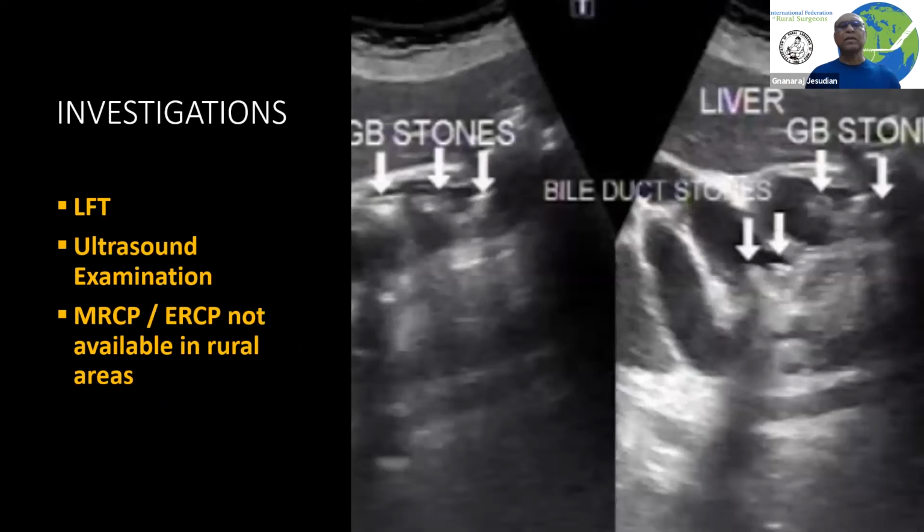The most commonly done investigation is LFT, which will show elevated bilirubin and alkaline phosphatase. Ultrasound is available in most places, and people who are experienced will be able to detect the dilatation of the common bile duct and stones there. However, MRCP or ERCP is ideal for diagnosing, if available.